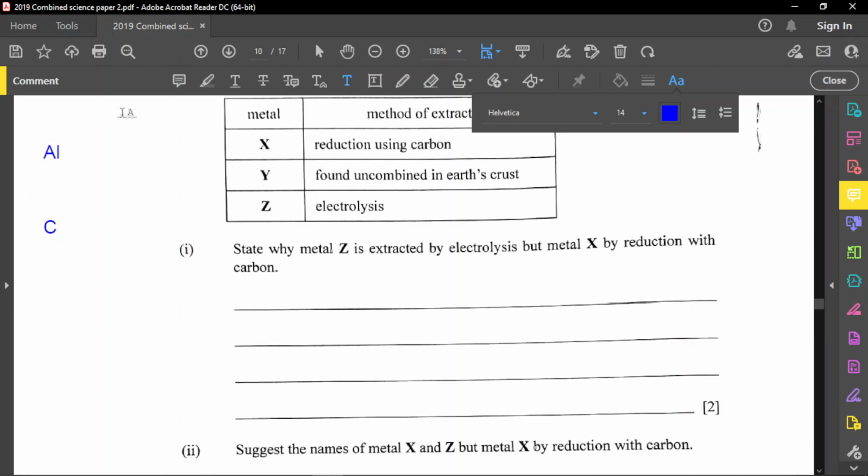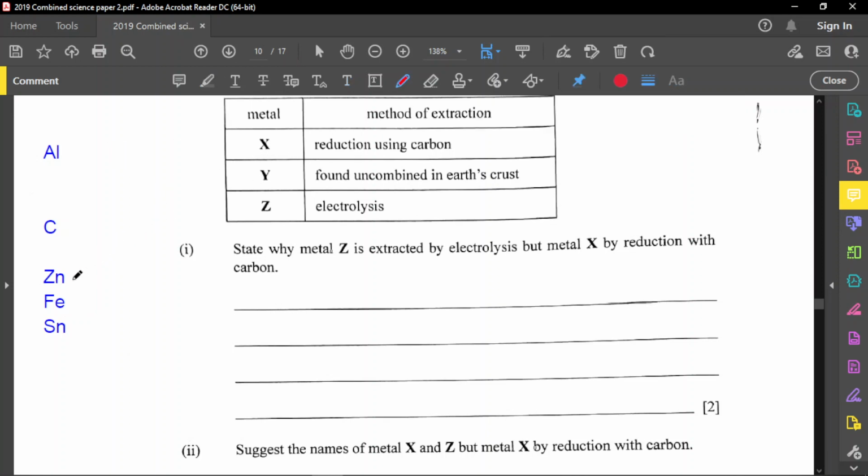And then you will have zinc, which is Zn, you have iron, which is Fe, and you have tin, which is Sn. All right. So what I want to point out is that these three are not necessarily in perfect order, but these three fall below carbon, right?